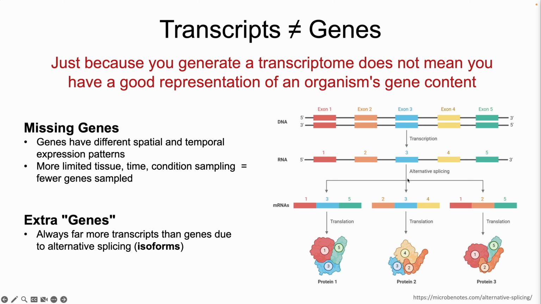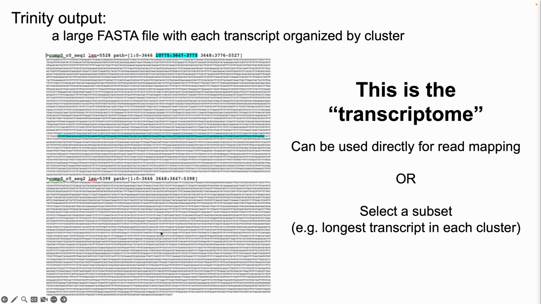But you can have alternative splicing of that RNA so that you get one protein that only has 1, 3, and 5, one that has 2, 3, and 4, one that has 1, 2, and 5. So you can imagine this. That's why these are not genes.